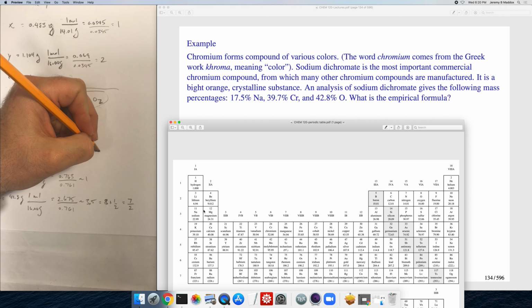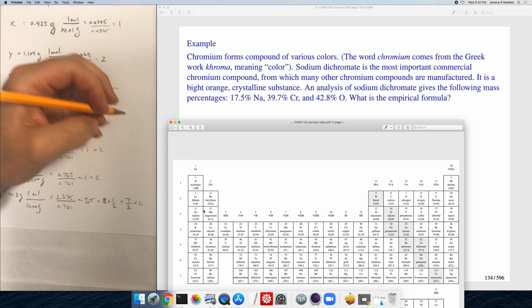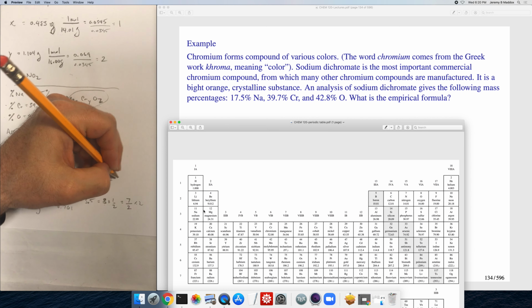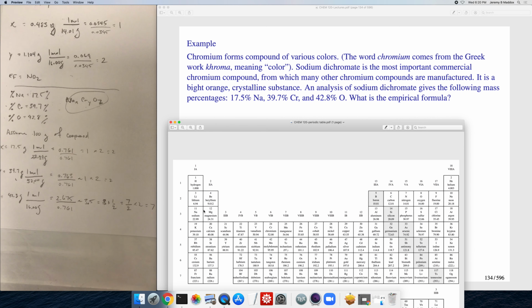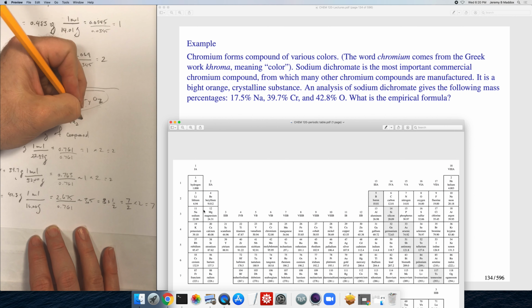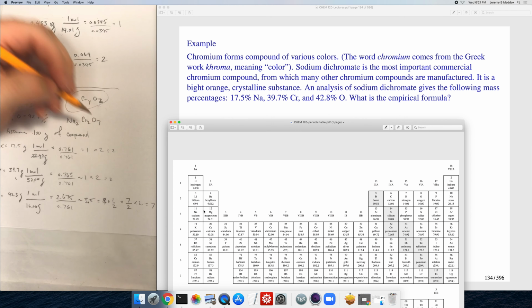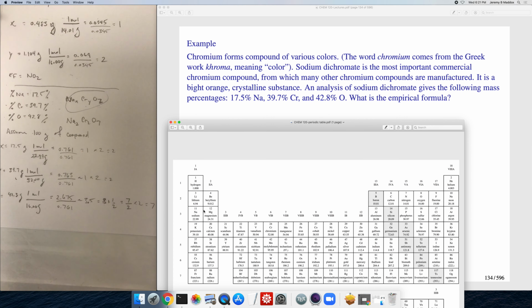We'll multiply all of these numbers by the denominator here of 2, so that we get the empirical formula, where the subscript for oxygen is the number 7. Okay, and so that's the empirical formula for this compound.